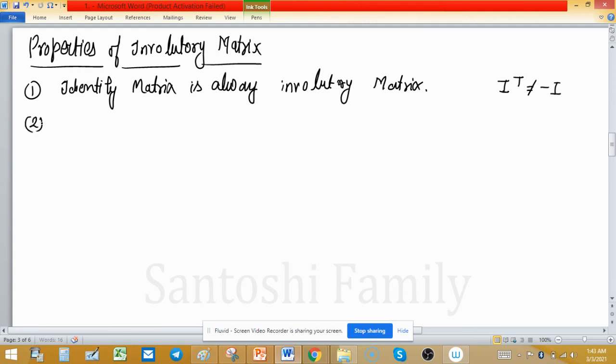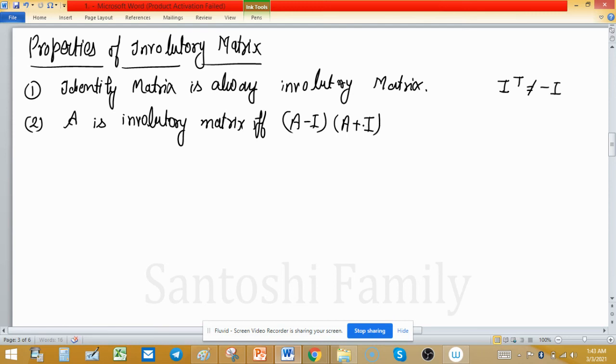The second property related to involutory matrices is: a matrix A is involutory if and only if the product of A minus I and A plus I, or I minus A and I plus A, is equal to 0.